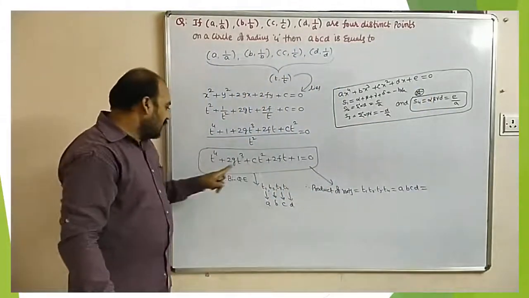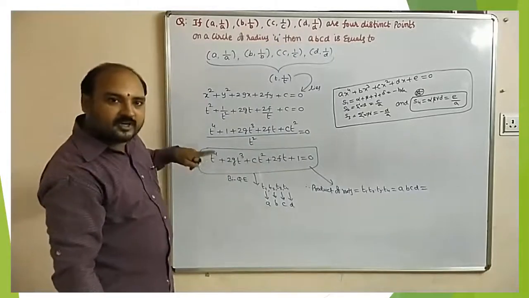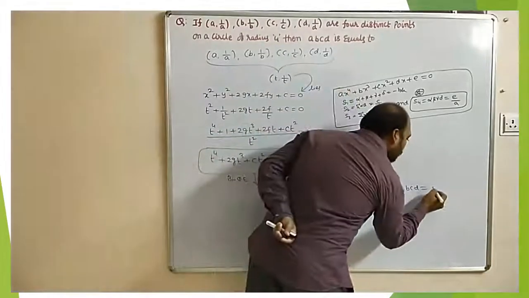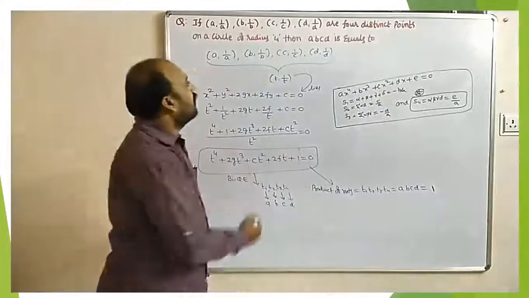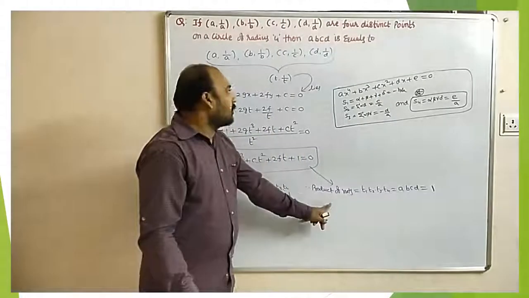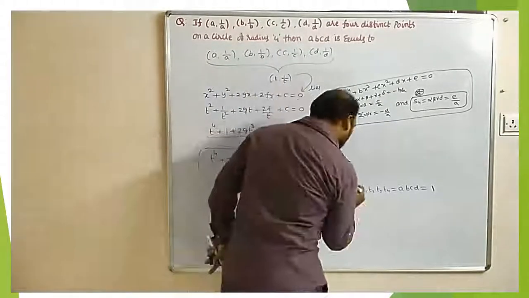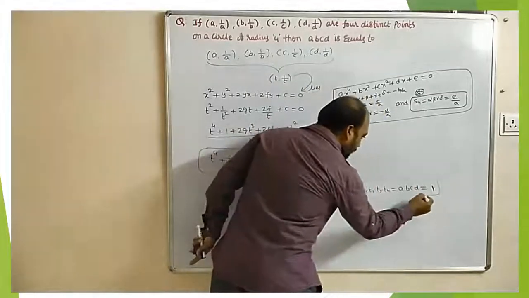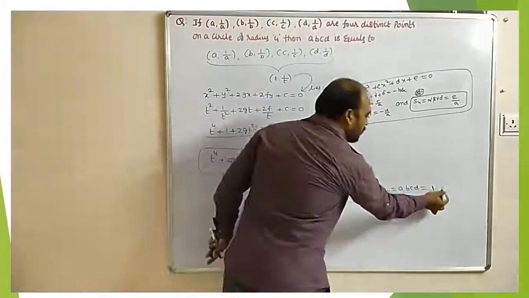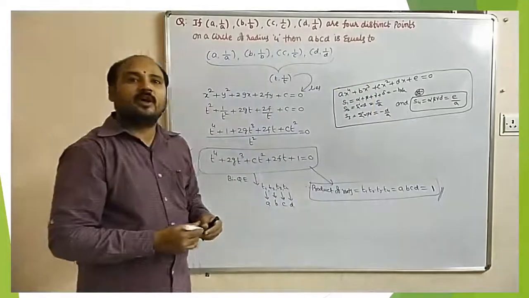What is e? e is equal to 1 here, and a is equal to 1. So 1 by 1 equals 1. Therefore, the product of the roots is equal to 1. So they are asking abcd, meaning the product of the roots, which is equal to 1. That is the result.